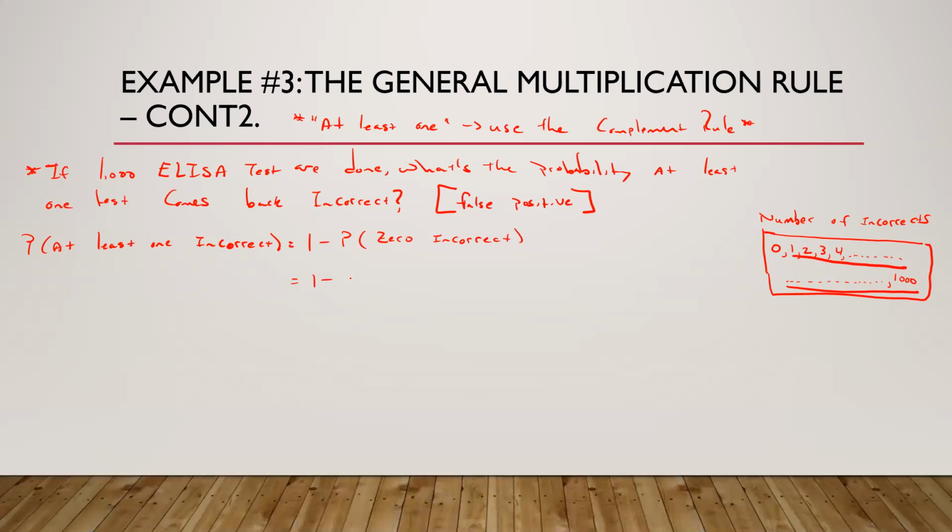Well, that's 1 minus the probability. 0 incorrect is the same thing as they're all correct. So this is 1 minus.